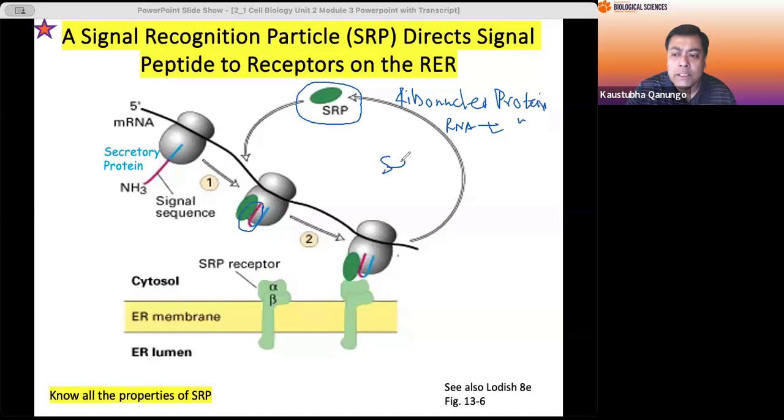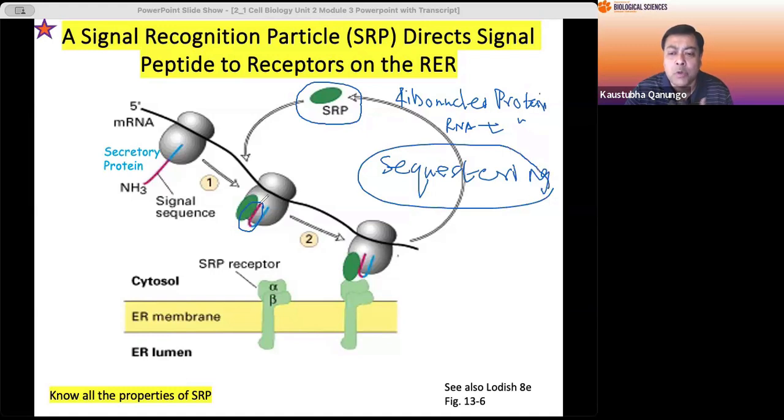In the biological sciences, anywhere something is hidden, we call this sequestering. So it is hiding the hydrophobic sequence. Number one, sequestering the signal. And number two, the SRP will arrest the translation.